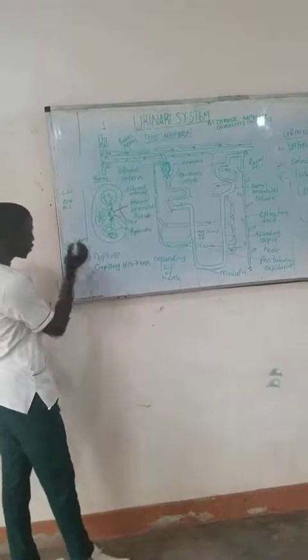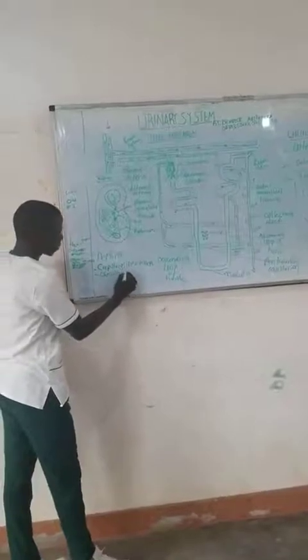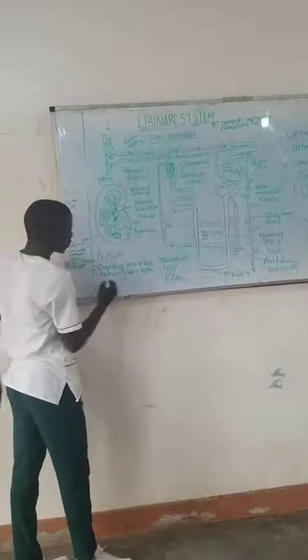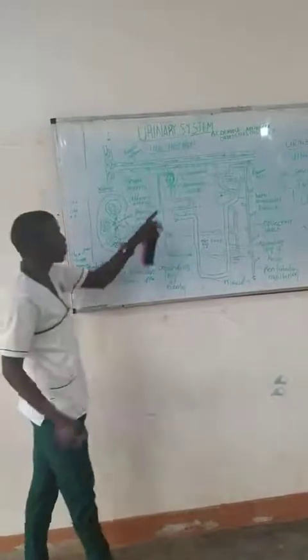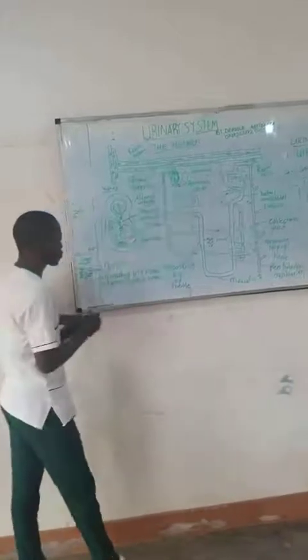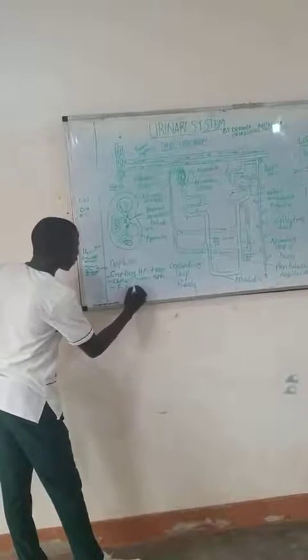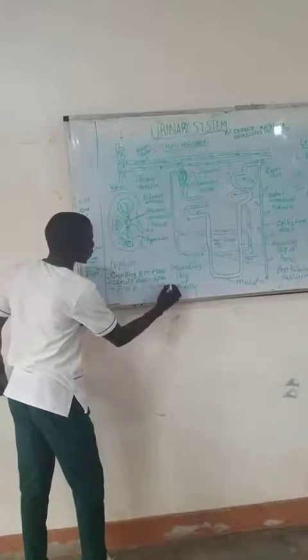It is opposed by the first force, called osmotic pressure, which is 4 kilopascals, and the filtrate hydrostatic pressure, which is in the Bowman's capsule, of 2 kilopascals.